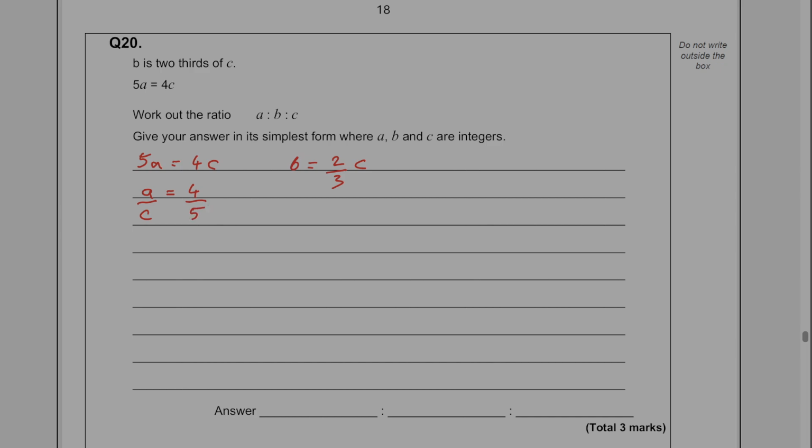And then if I do the same over here, I can say that B over C is equal to 2 over 3. That means that if A over C is equal to 4 over 5, then the ratio of A to C is 4 to 5.